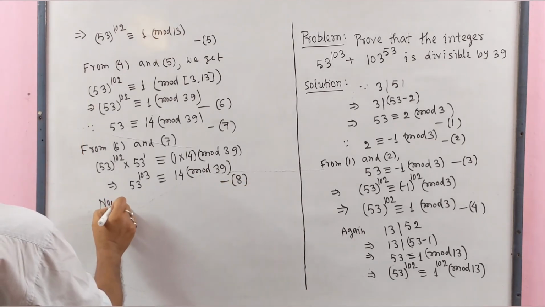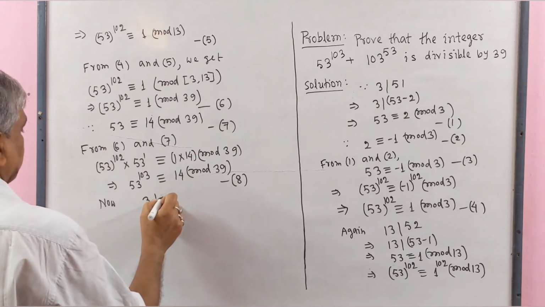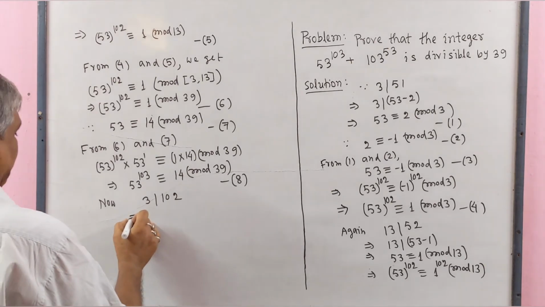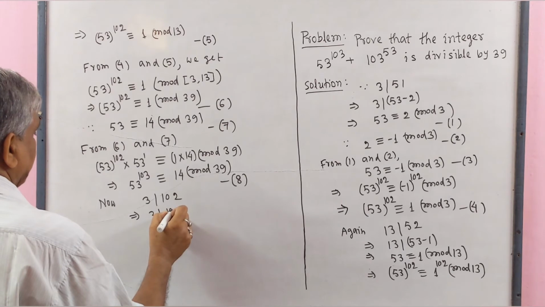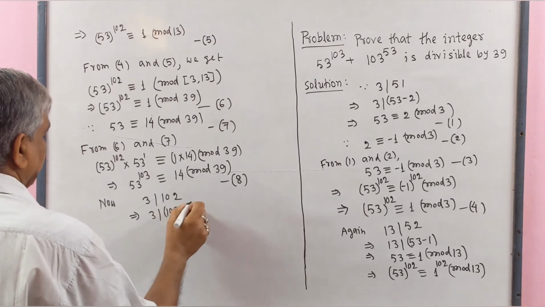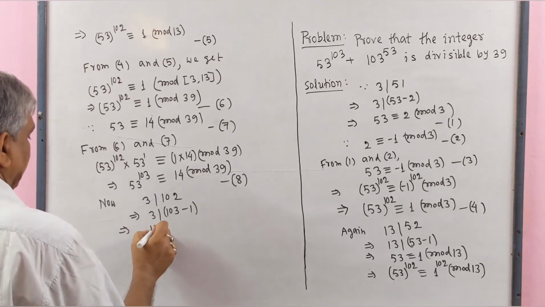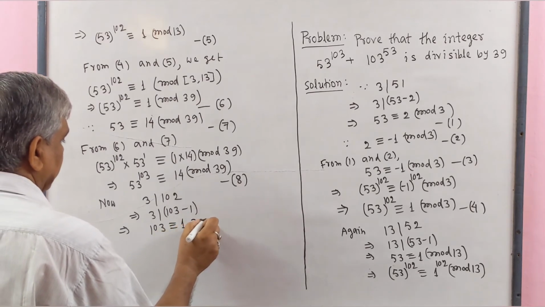Now, 3 divides 102, which implies that 3 divides 103 minus 1. This implies that 103 is congruent to 1 modulo 3.